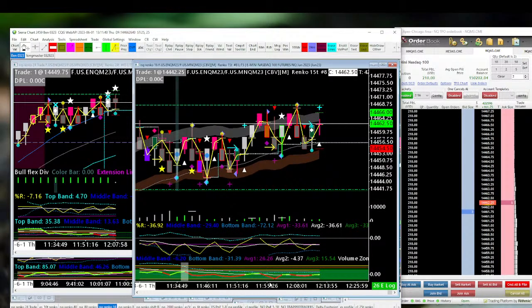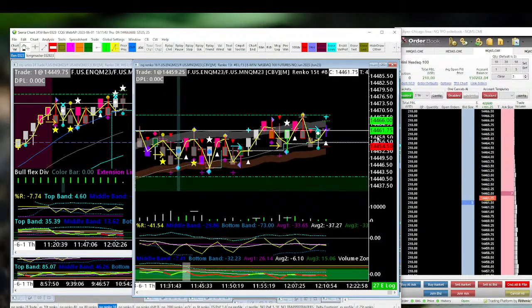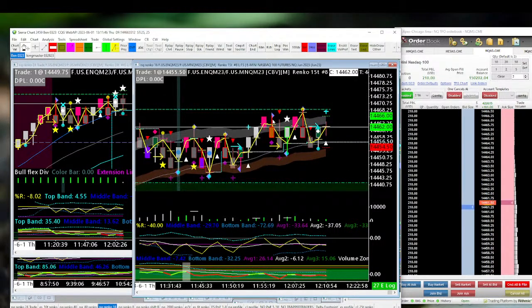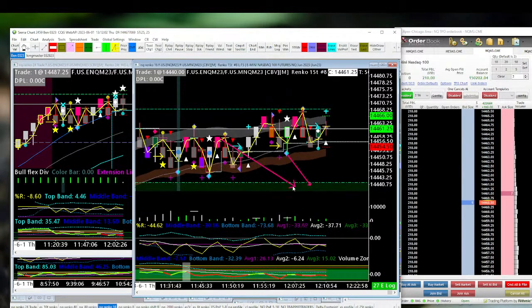It's okay to get back in lower or whatever, but then you have to have evidence that... Well, the nice thing about getting back in lower is that the amount you could lose when you get stopped is smaller, right? Okay, we originally got in here, it went to here.